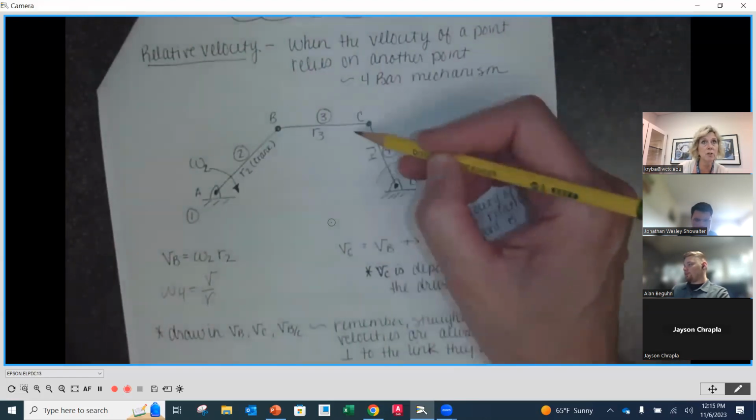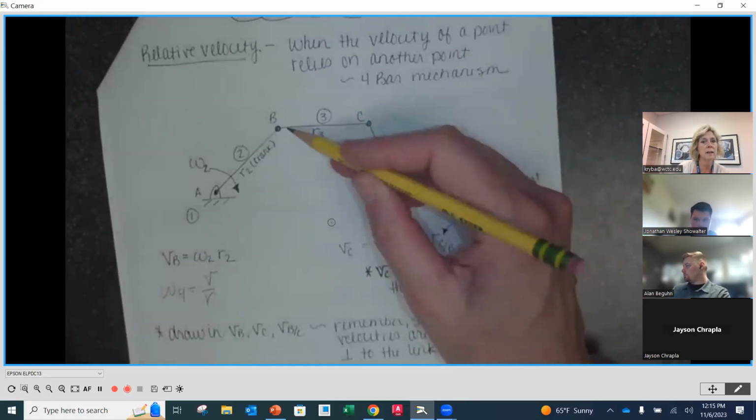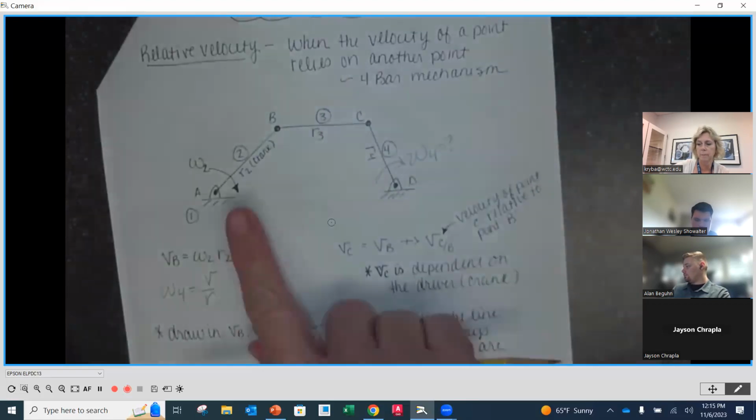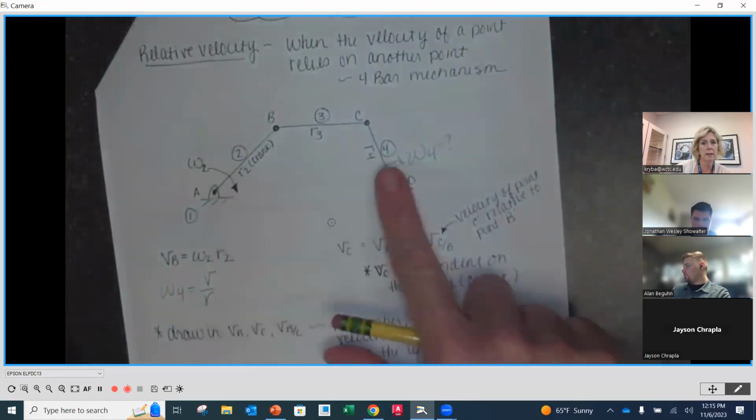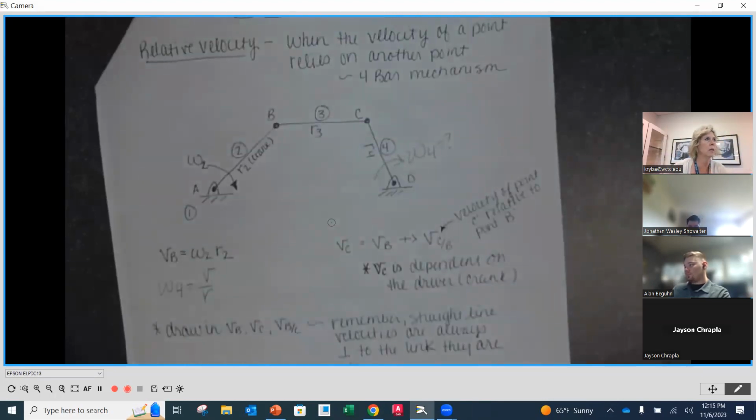Or it's going to be pushed, if you would, by B, because B is our crank, okay? The relative link between link number 2 and link number 4 is link number 3. It's the connecting rod. It's the one that is going to be relative, if you would, to both, okay?